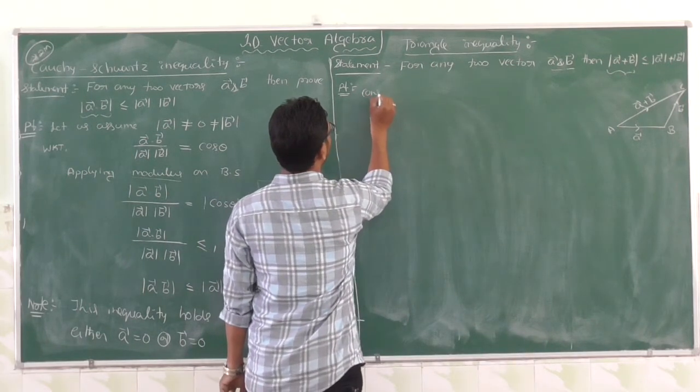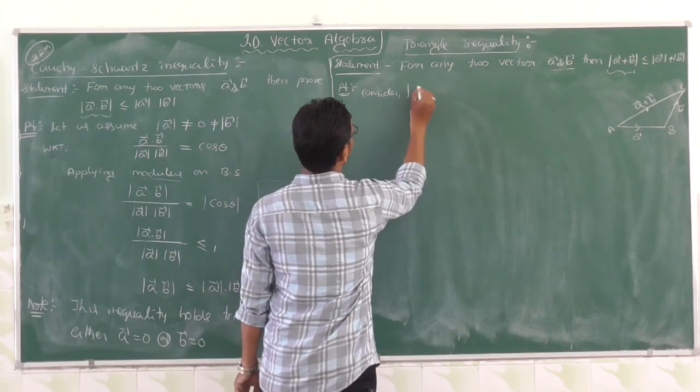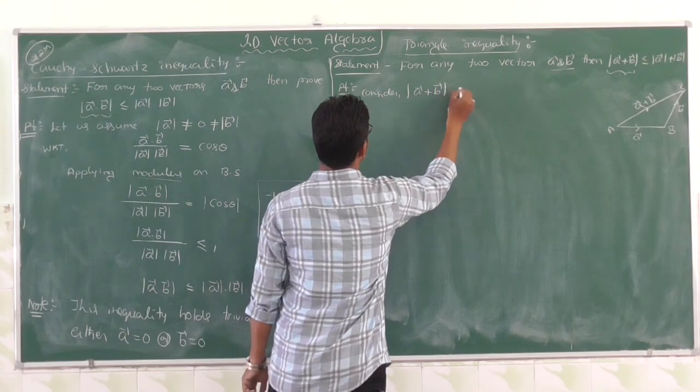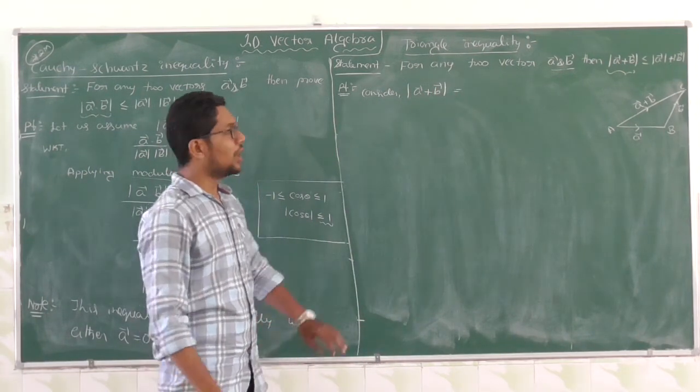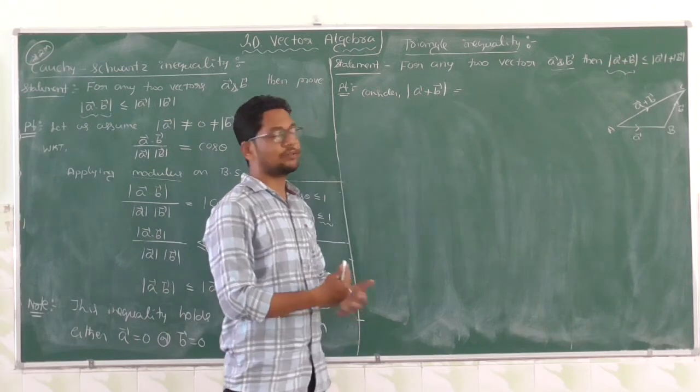Now we want to find the magnitude of A vector plus B vector. Is there any formula or condition to find the magnitude of A plus B?